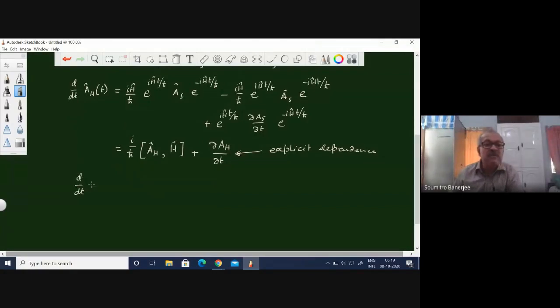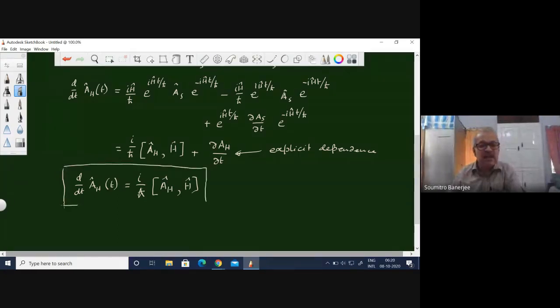operator change with time? It changes with time as a differential equation, a simple looking equation. And what Heisenberg said is that there are two possible ways of looking at the evolution dynamics.